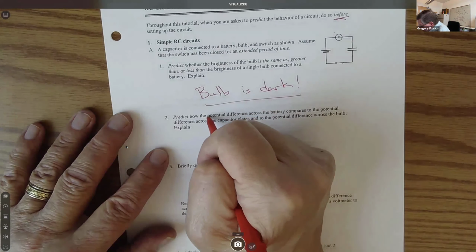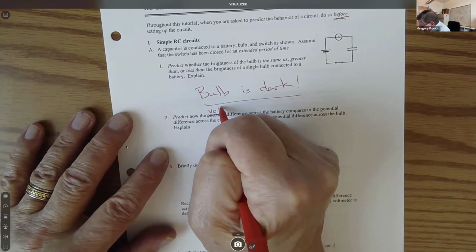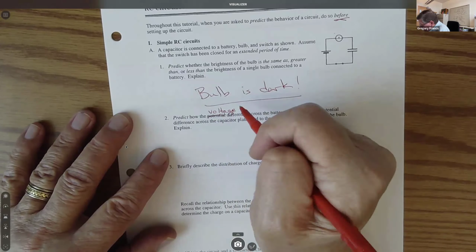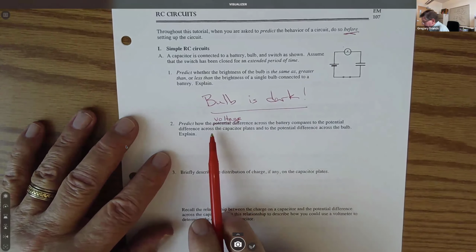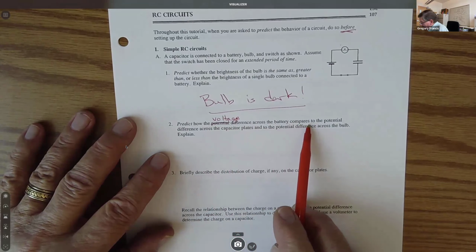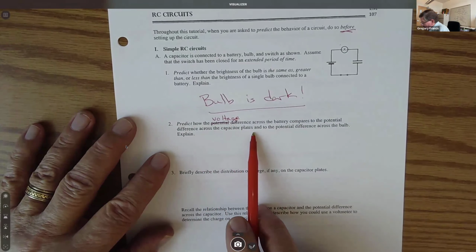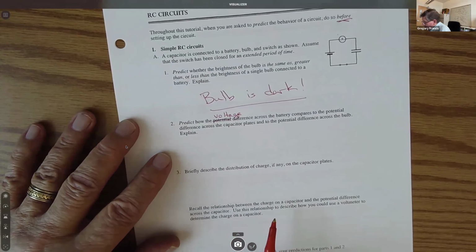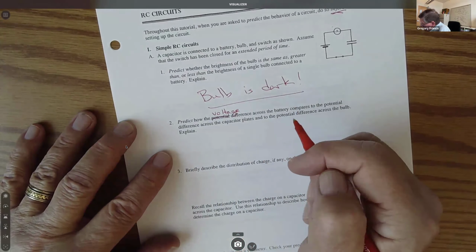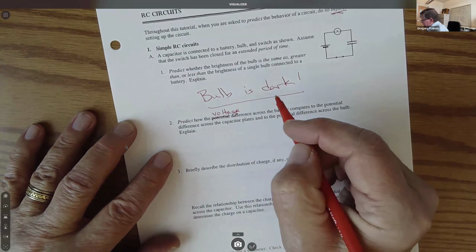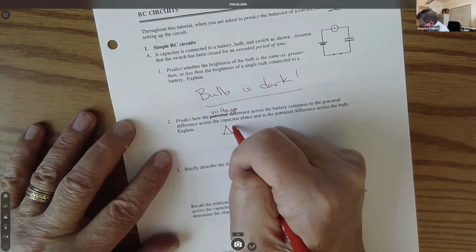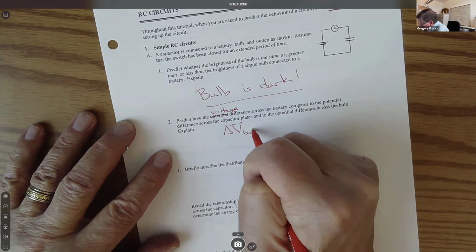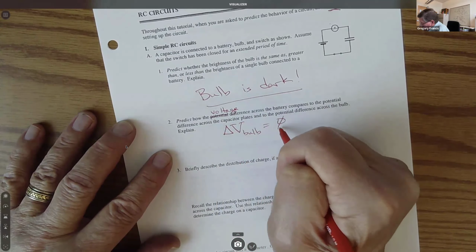So we know that if we leave that switch closed a long time, the bulb is dark. Predict how the voltage difference across the battery compares to the voltage difference across the capacitor plates and to the voltage difference across the bulb. Well, since the bulb is dark, it has a voltage difference of 0.